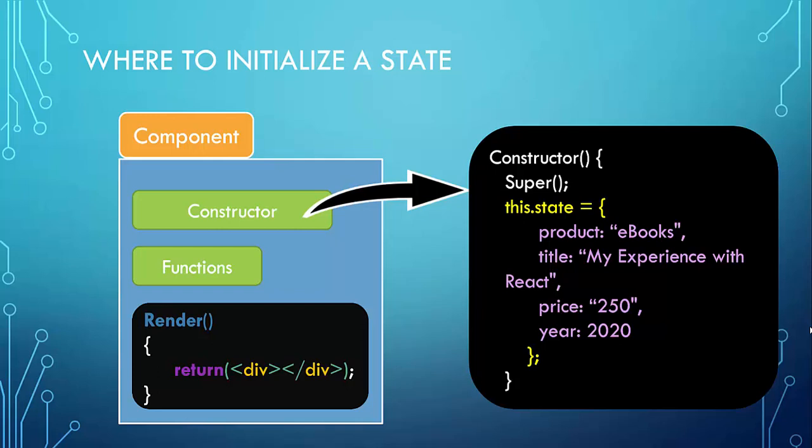Here in this example, you can see my product attributes, title, price and year, are defined in this state. These are the initial values defined for these attributes inside my component.